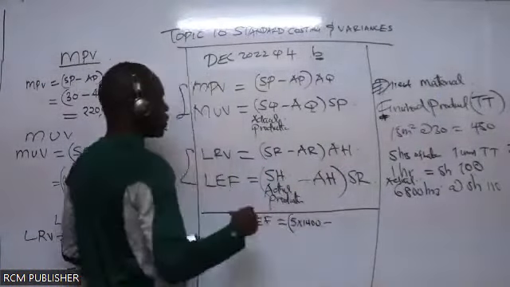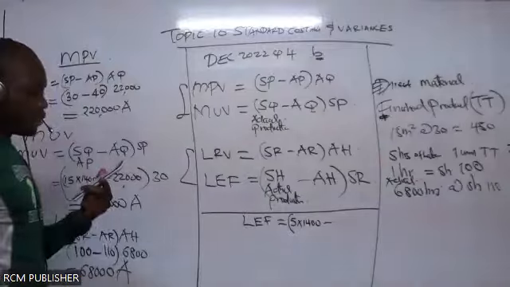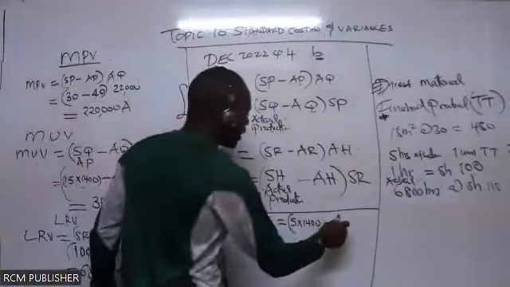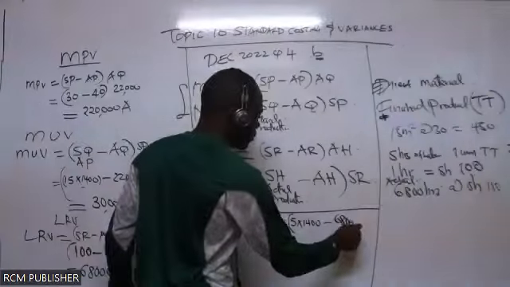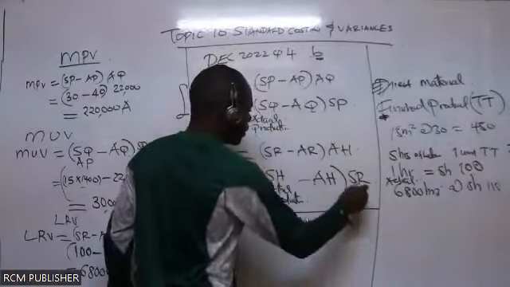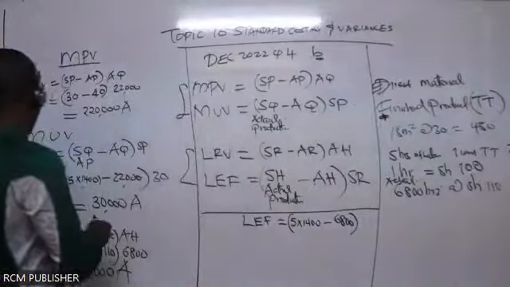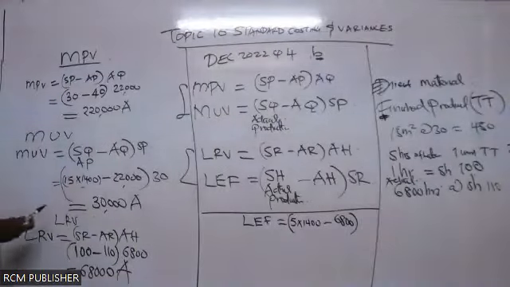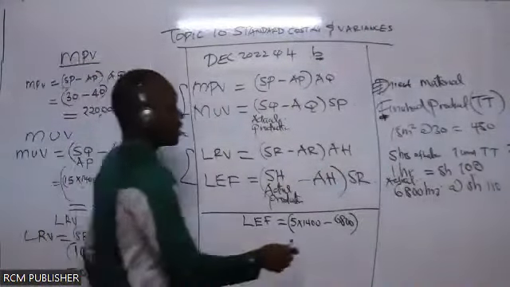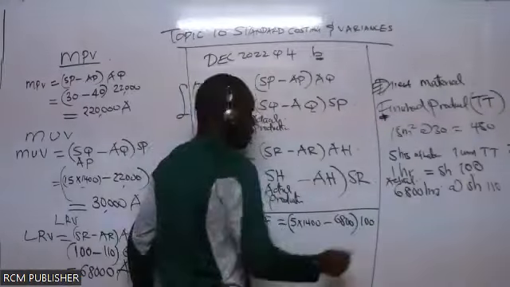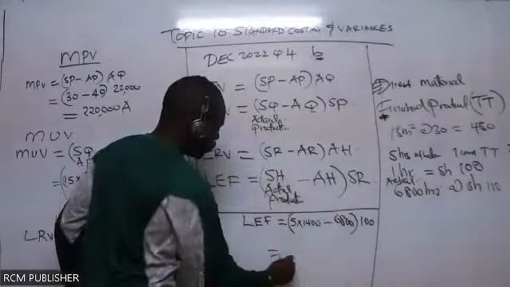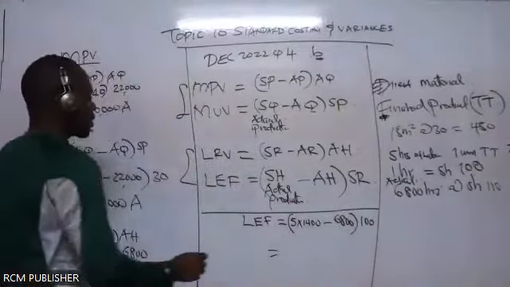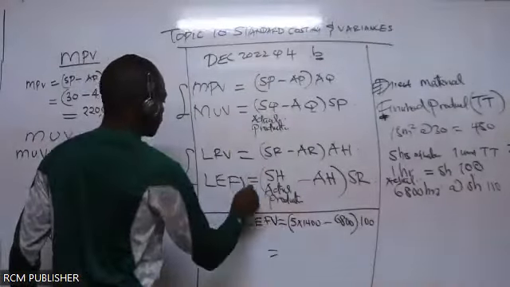We less actual hours, which we have there as 6,800, and then I multiply by the standard rate, which is 100 shillings. If that is done, I should be able to get my labor efficiency variance.